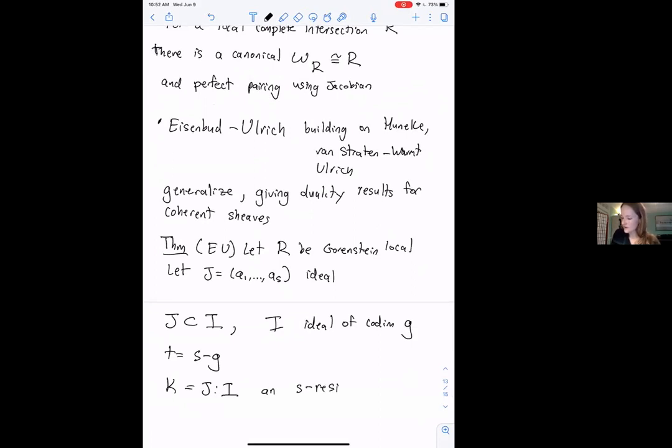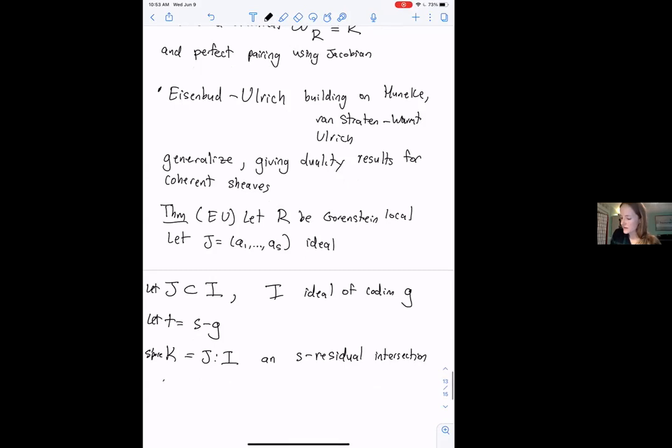So this is the setup, and this is the supposition: K is an S residual intersection. And they introduce weak, standard, and strong hypotheses.